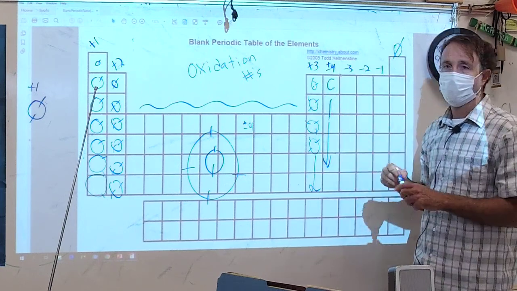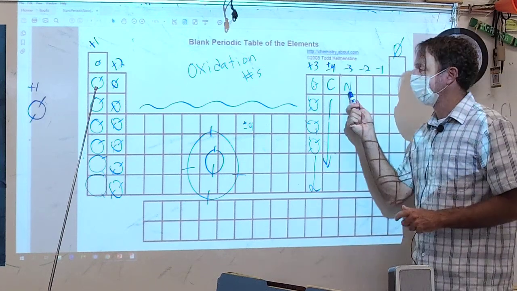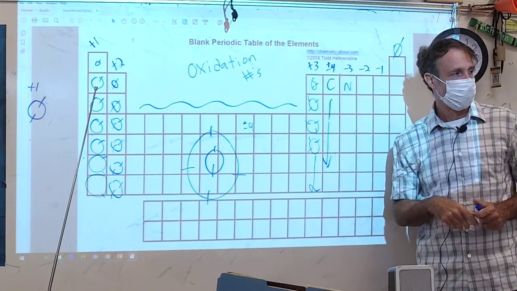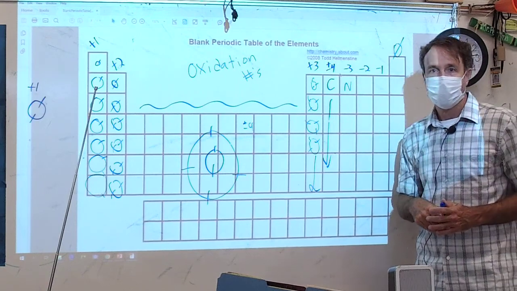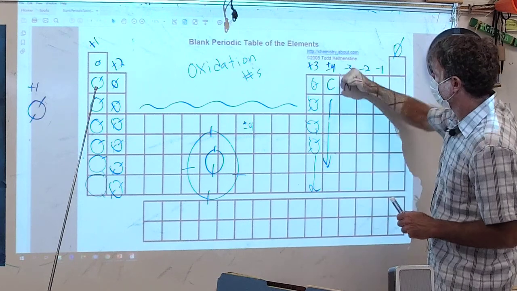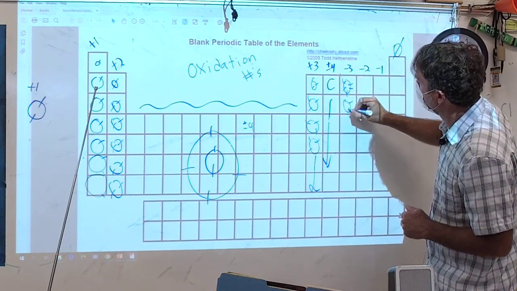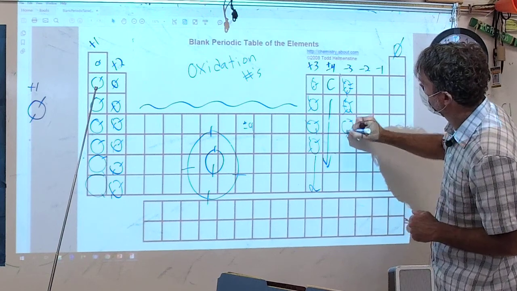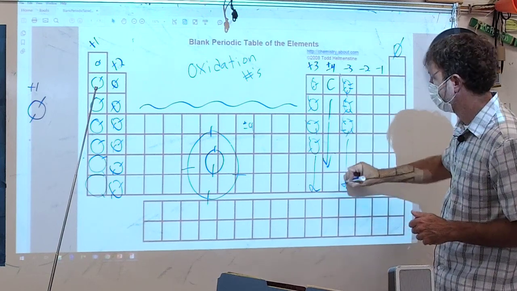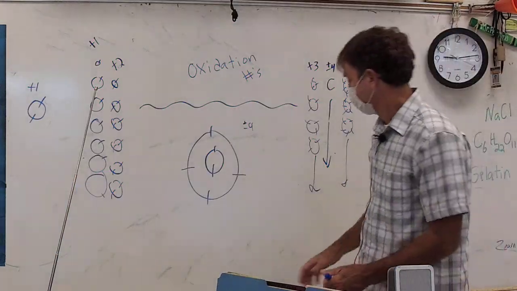So now we're over here at nitrogen. How many valence electrons does nitrogen have? 5. That's right. Look, 1, 2, 3, 4, 5. So all these guys have 5, and they're more likely to gain electrons.